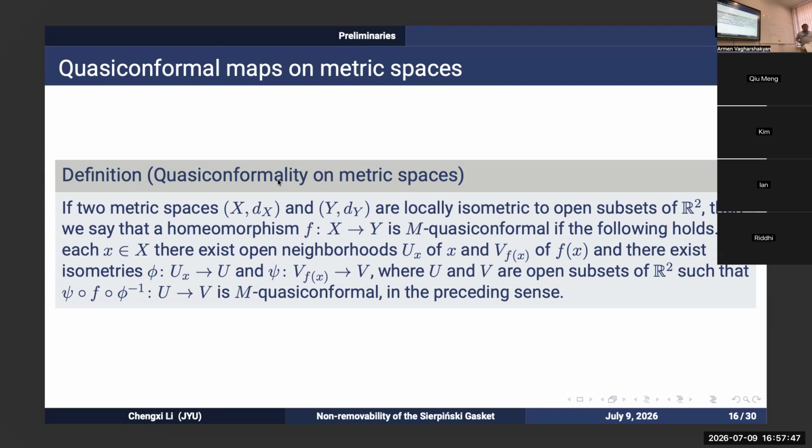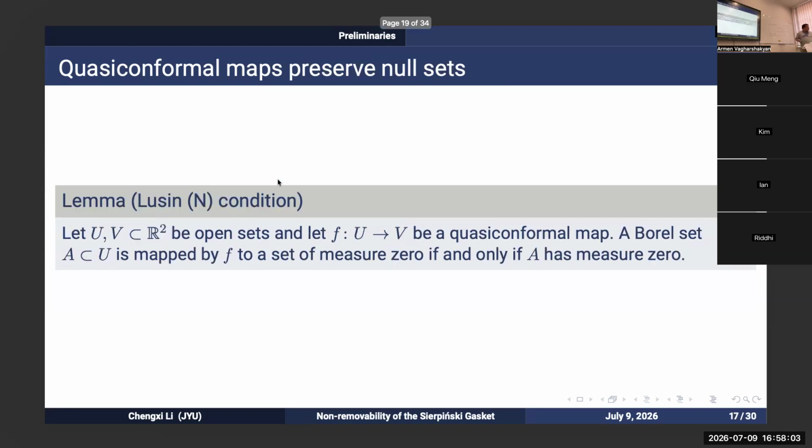Sometimes we call these metric surfaces or metric spheres. Then we say that f is M-quasi-conformal if we can localize, and each localization is the same as the quasi-conformal on the planar domain. It's a typical definition in manifolds.